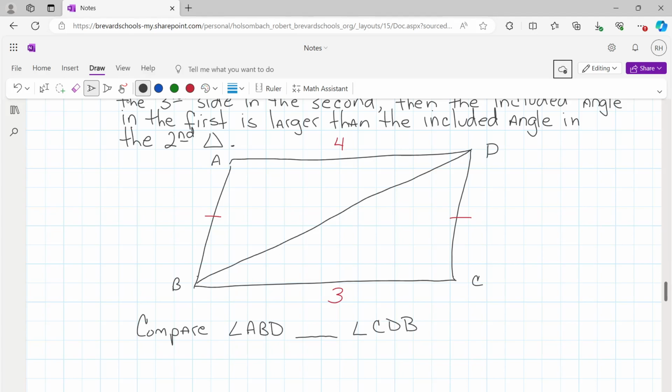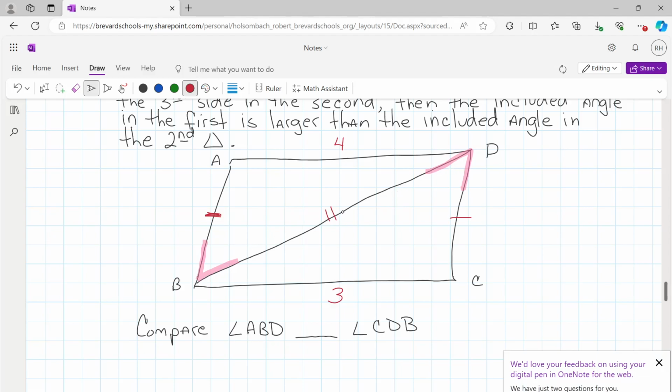So let's look at the angles we're comparing. We're going to compare this angle to this angle. Look what we got. We've got side AB and side BD in the top triangle. See how side BD is in both triangles?